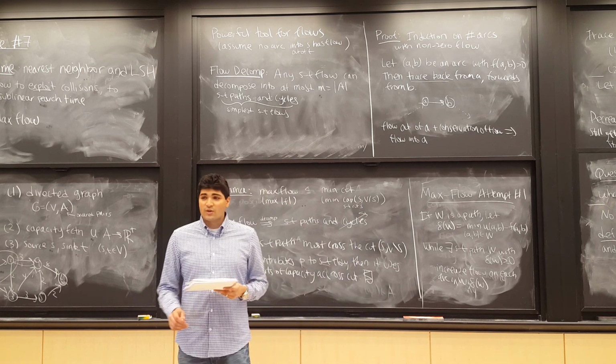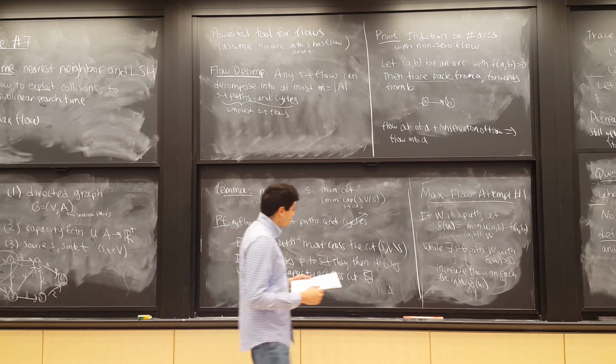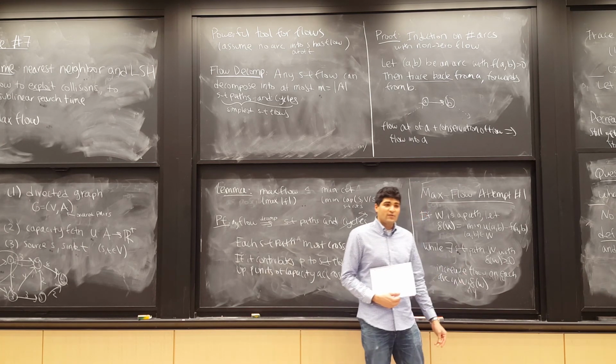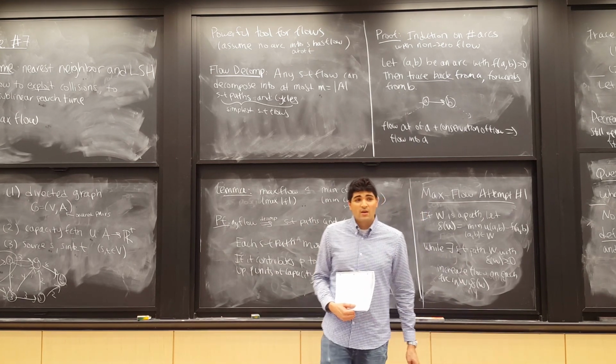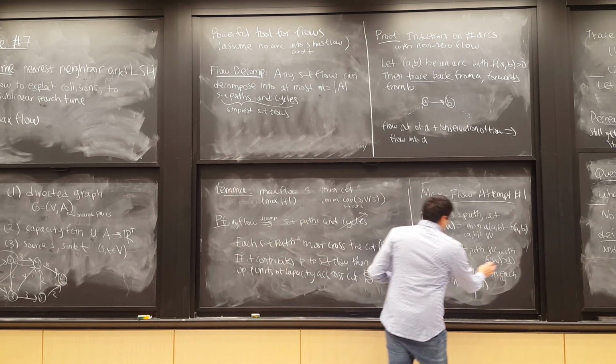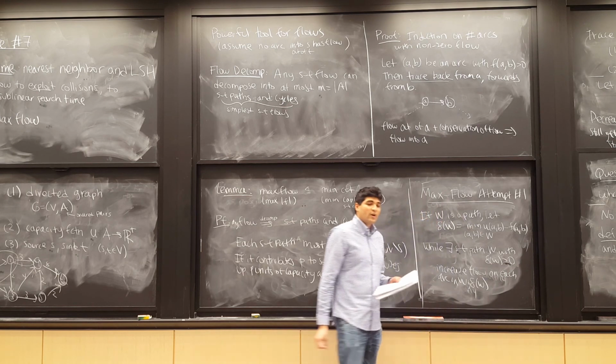So, first question, just to make sure you're still paying attention: how would I go about finding such an ST path? Not just any ST path, but one with delta of W strictly greater than 0. How would I go about finding that?